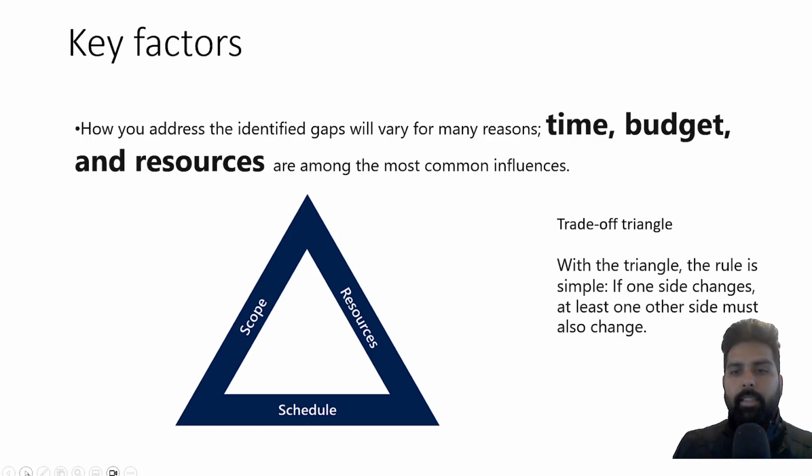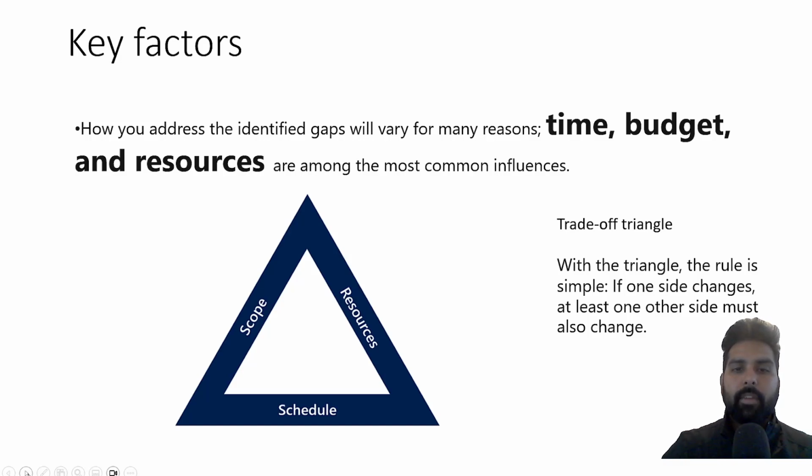We can understand this with a concept called the trade-off triangle, where the triangle has three things: scope, resource, and schedule. All are very critical aspects of our project when we are implementing. This triangle has a very simple rule: if one side changes, at least one other side must also change.